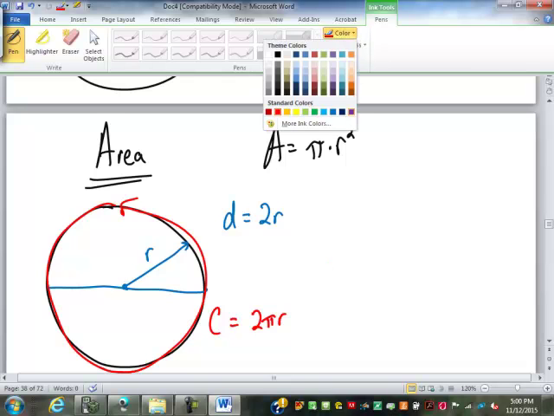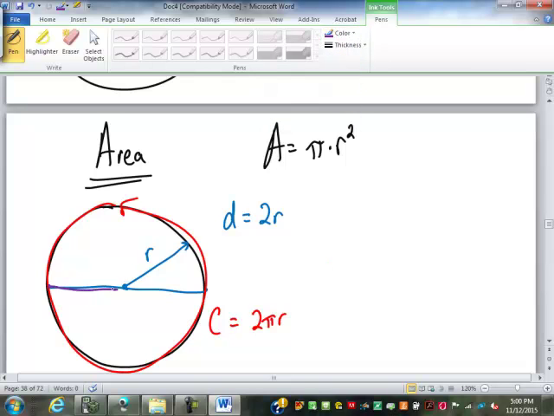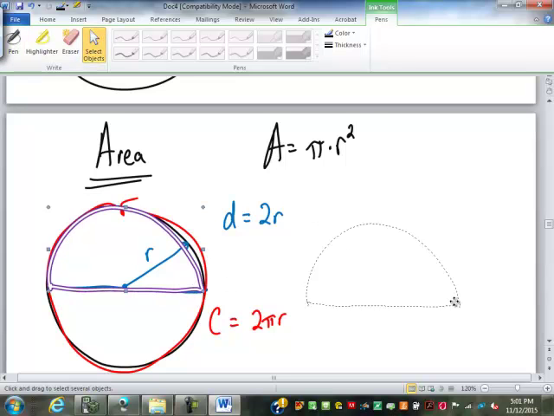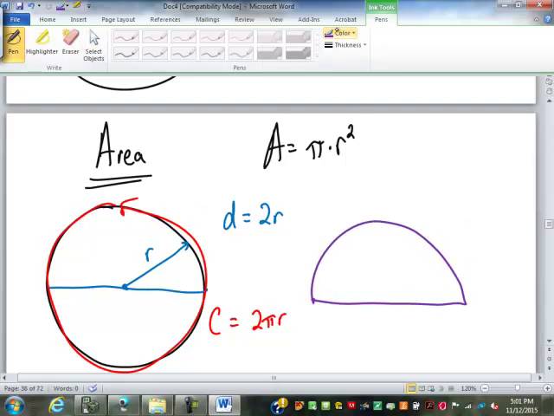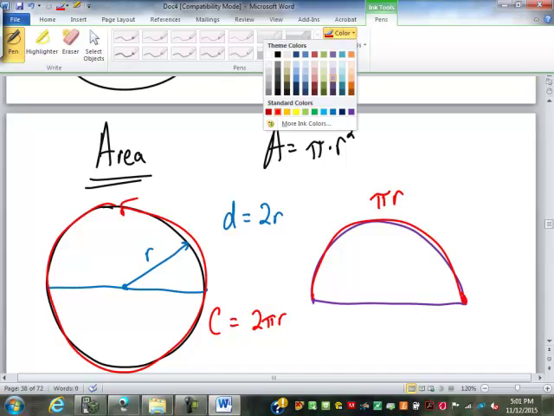Well, here's what I'm going to do, is I'm going to cut this circle in half. I'm just going to look at half the circle. The whole circumference was 2 times pi times r. What's this distance around here? Just pi times r. Half of that. Divided by 2, it cancels out the 2, right?